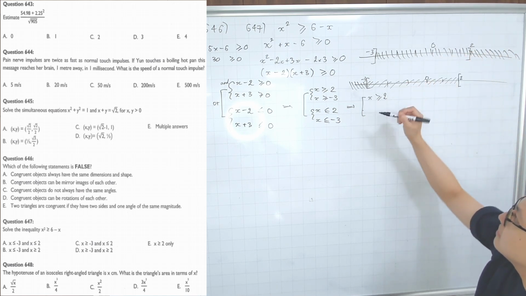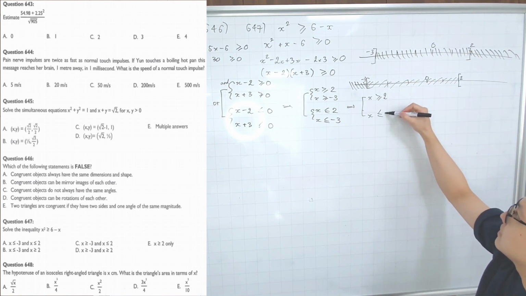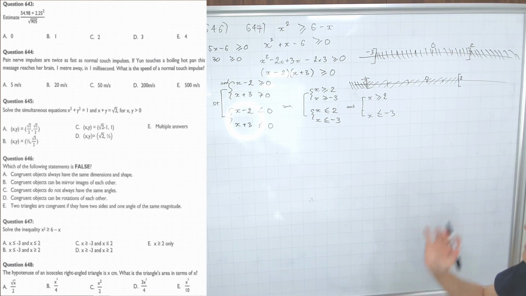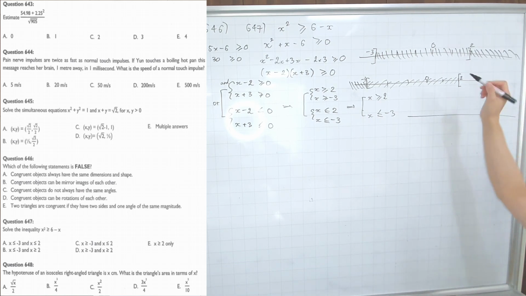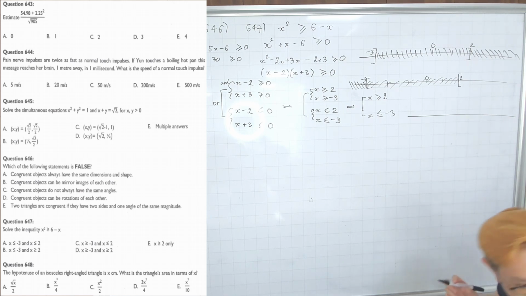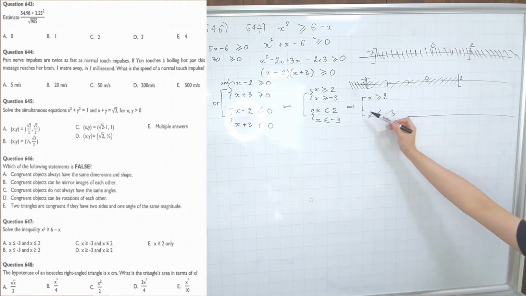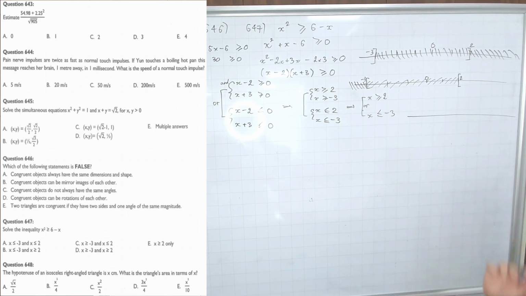So what does it mean? x smaller or equal to minus 3, right? And based on these two, you have to redraw this again, in order to find these two. Now the conditions have to be combined with or. So now it's or, okay?